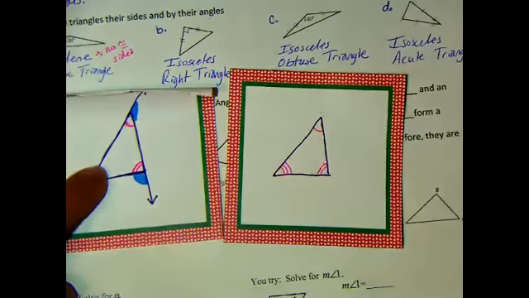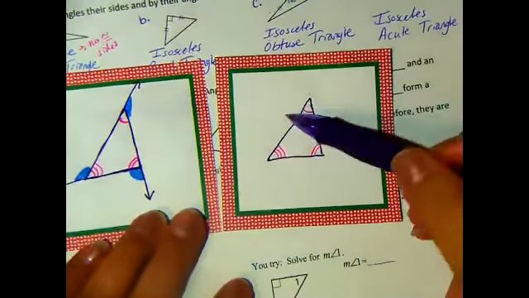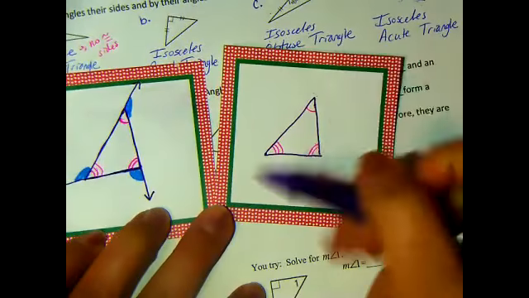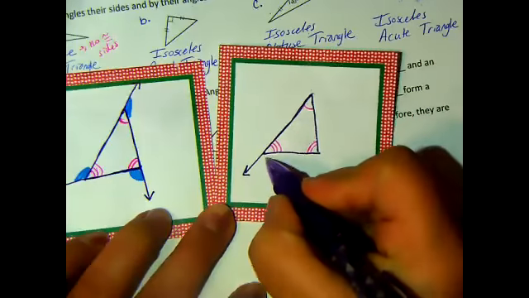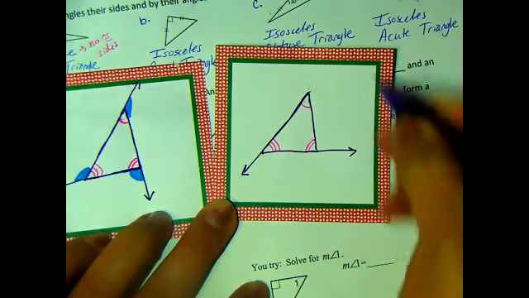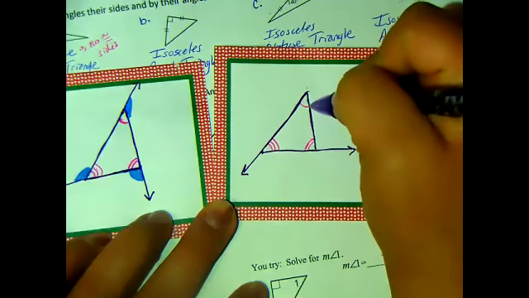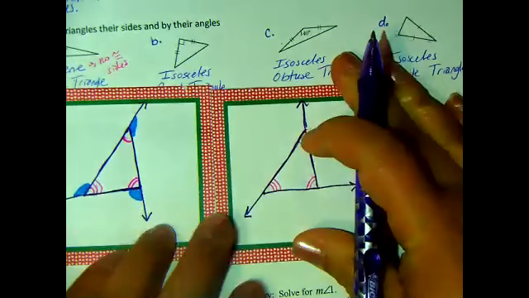So in this triangle, I extended it this way, right? But what if I chose to extend it this way, which means I would come this way and extend it this way, and then continue on from here and extend it this way, okay?